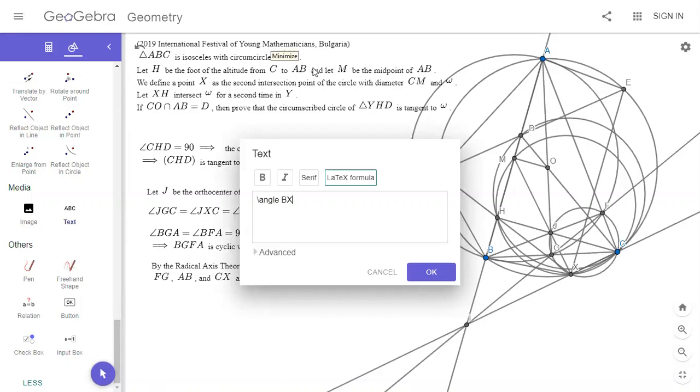So BXC or BXY is BXC minus HXM minus angle MXC, which is equal to BXC minus HCM minus 90.